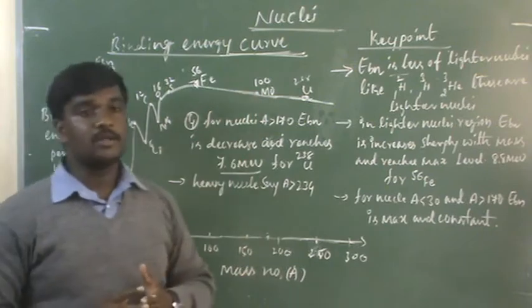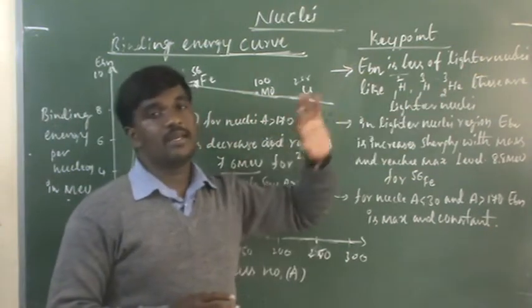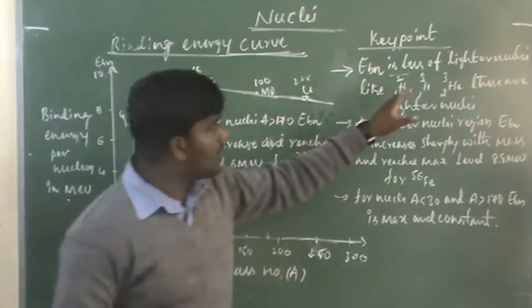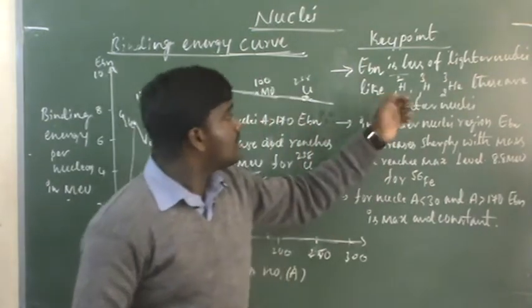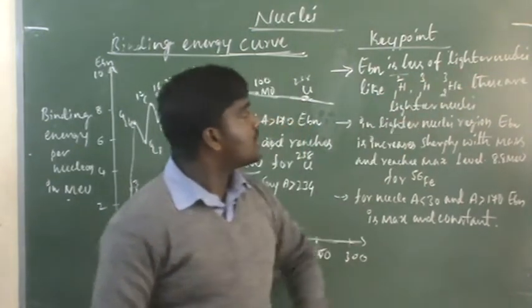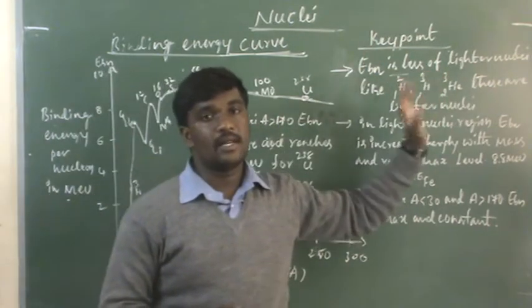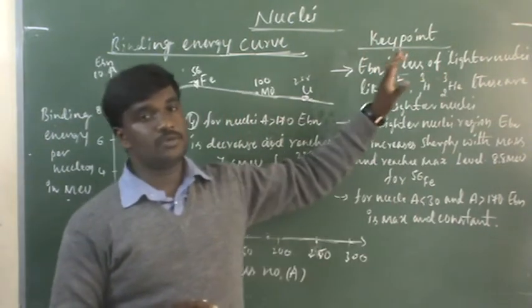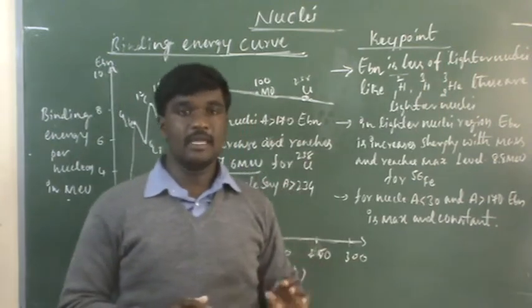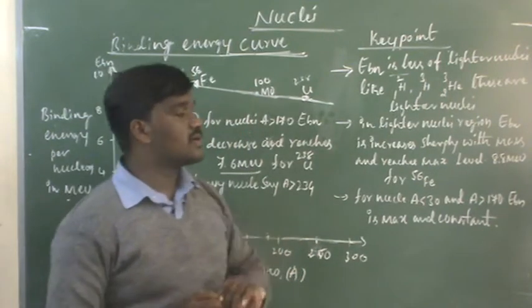So first point, binding energy per nucleon is less for lighter nuclei. What are the lighter nuclei? 1H2, 1H3, 2He3. These are the lighter nuclei.